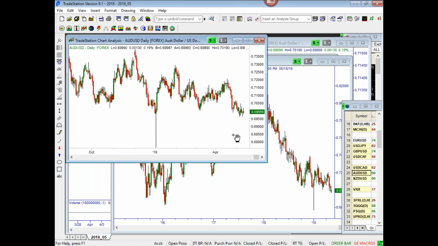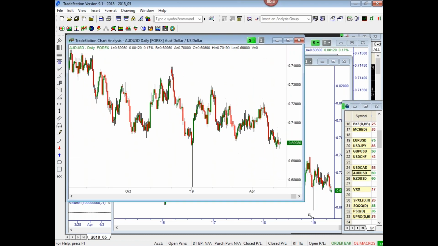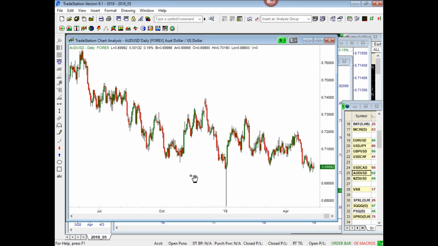Aussie dollar. Is trying to do tilted continuation. It's getting close to a do or die zone. Maybe you could have a couple more days. It's trying to do, again, price correction, time correction.